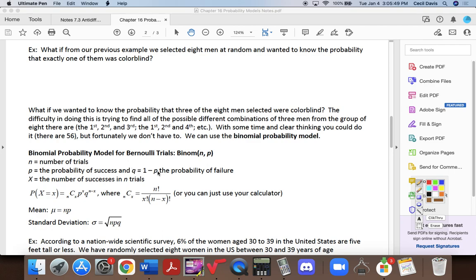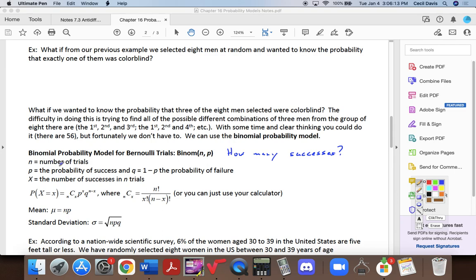So for this, we have what's called a binomial model. This is how many successes? That's the question. You're not waiting until you get a success. It's, I have this group, how many successes?